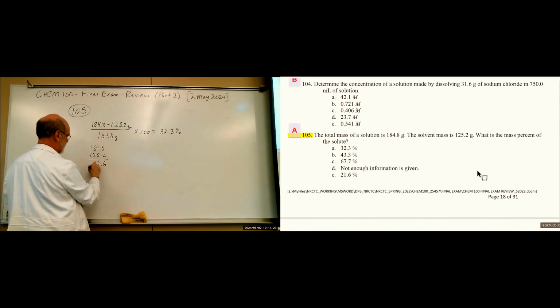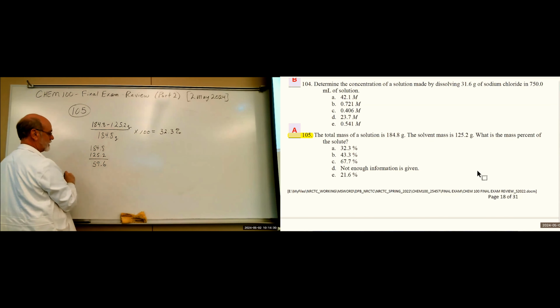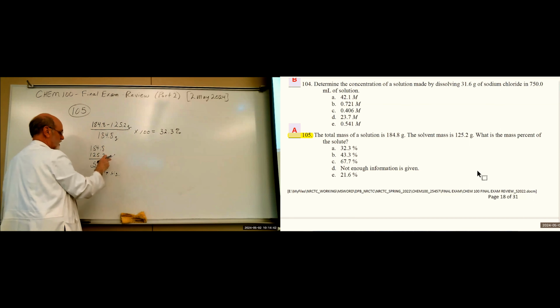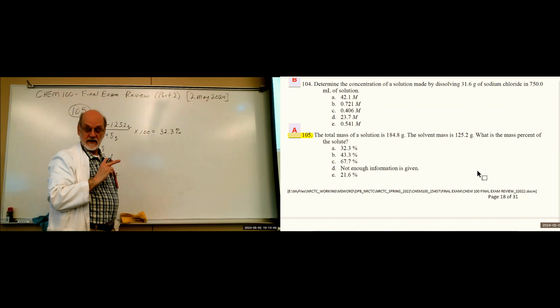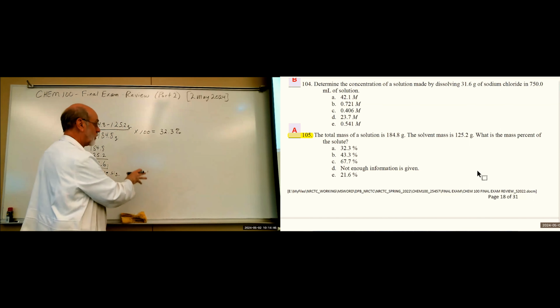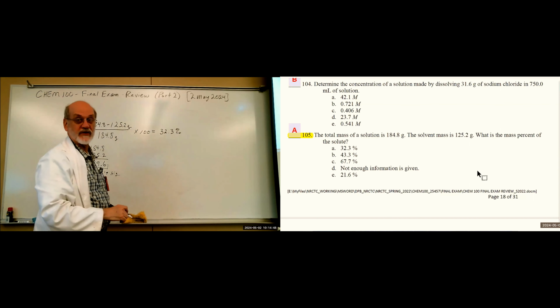And 2 from 7 is 5. We can keep that one. And that's 0. So the answer only has 3 significant figures. And when we put that in this part of it, 3 divided by 4, the least one is the determining one. So only 3 significant figures in your answer are possible.